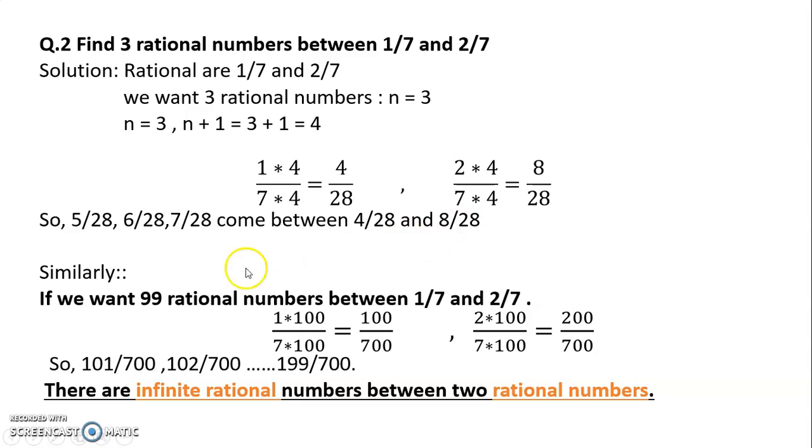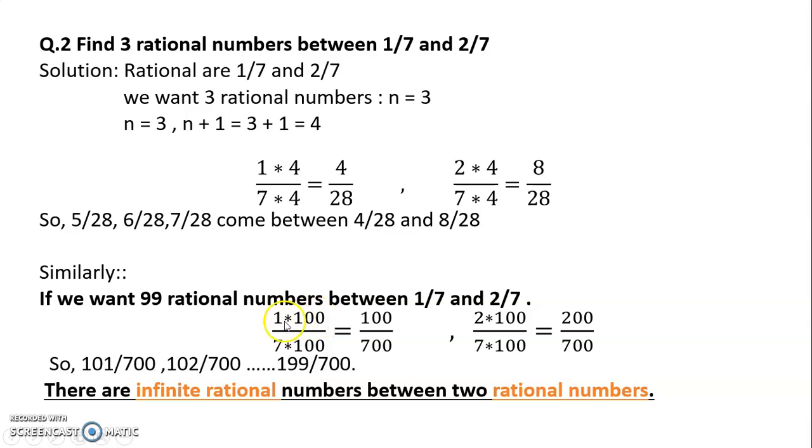What if I tell you to find 99 rational numbers in between 1 by 7 and 2 by 7? We have taken the same rational numbers. We found 3 rational numbers in this question. But if I want to find 99 rational numbers, then we'll take n as 99, and in this case n plus 1 will become 100.